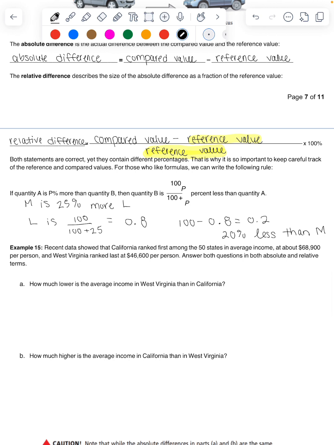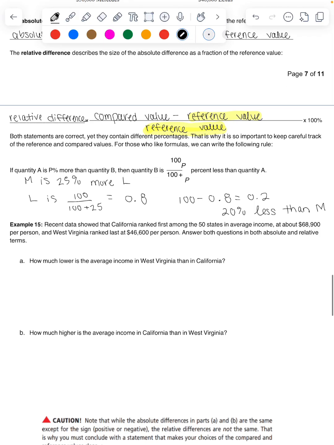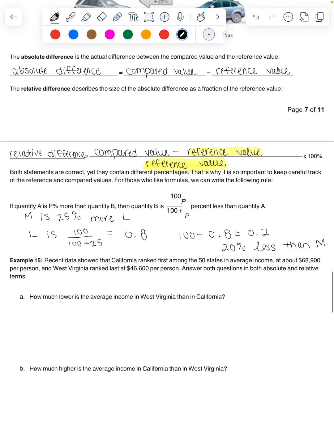Example 15, recent data showed that California ranked first among the 50 states in average income, about $68,900 per person, and West Virginia ranked last, about $46,600 per person. So how much lower is the average income in West Virginia than in California?